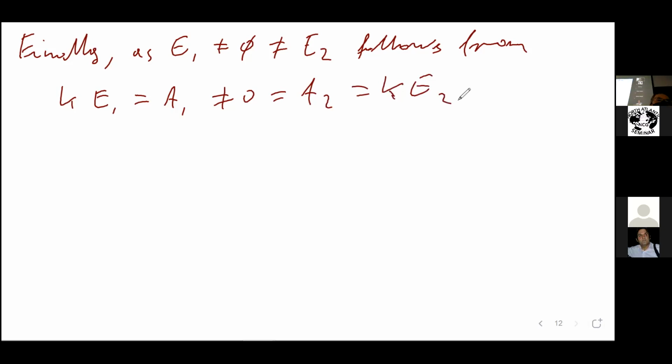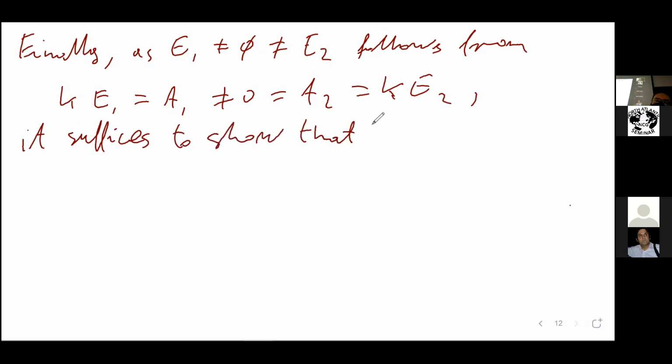It suffices to show that K of EI is equal to AI, and as always, I equal 1, 2. So then we'll show that this E decomposes into this disjoint union of non-empty subgraphs. And moreover, we have it in our theorem that in fact A1 is equal to KE1 and A2 is equal to KE2.